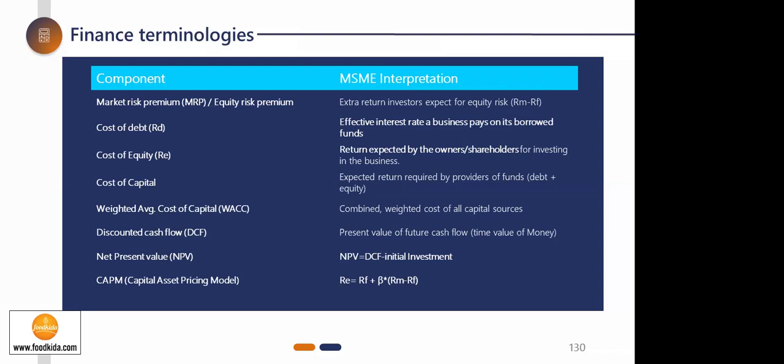Just the last point, ma'am, if you can explain once again, RM minus RF. See, if you invest in a fixed deposit, you would have gotten 10%. But if you have invested in some shares or anything, you might have gotten like 20%. Since you are taking a lot of risk, risk is directly proportional to return.